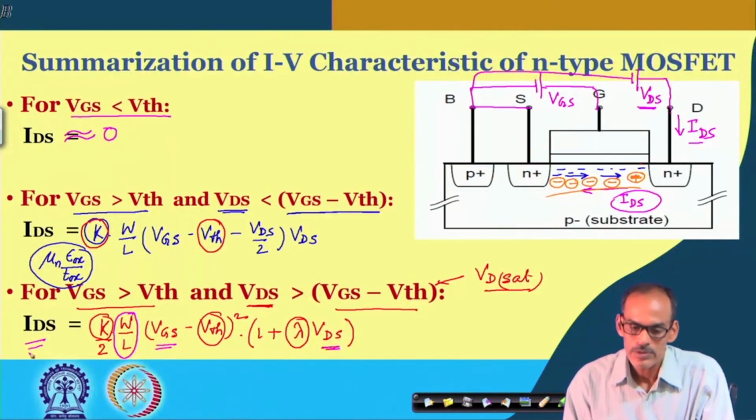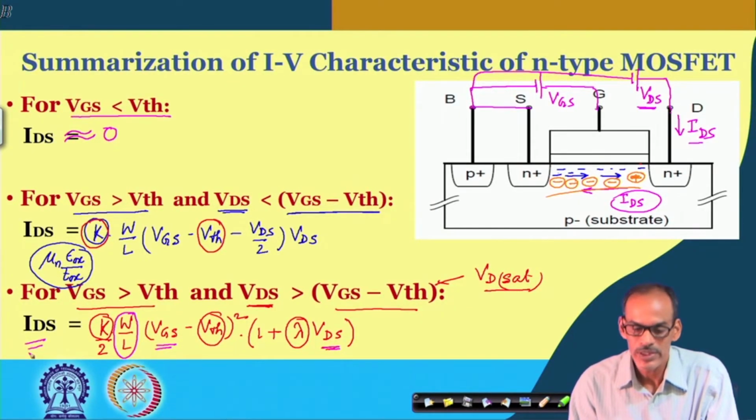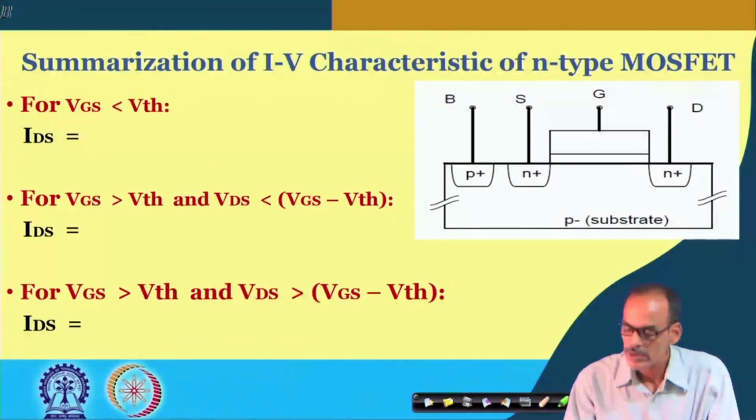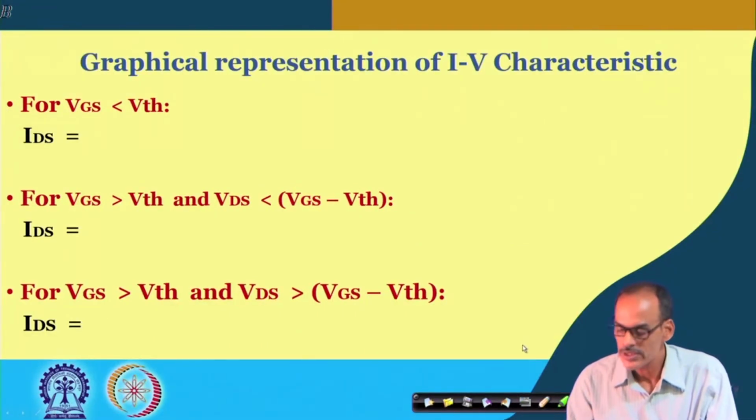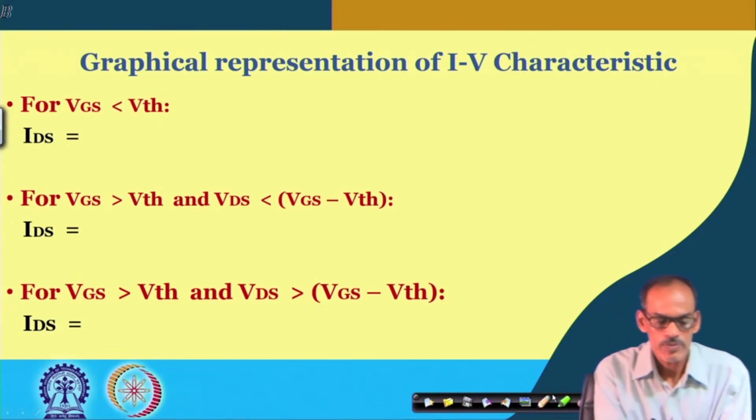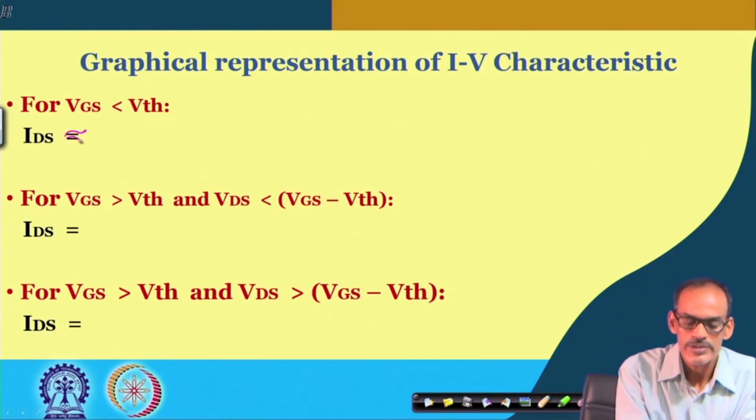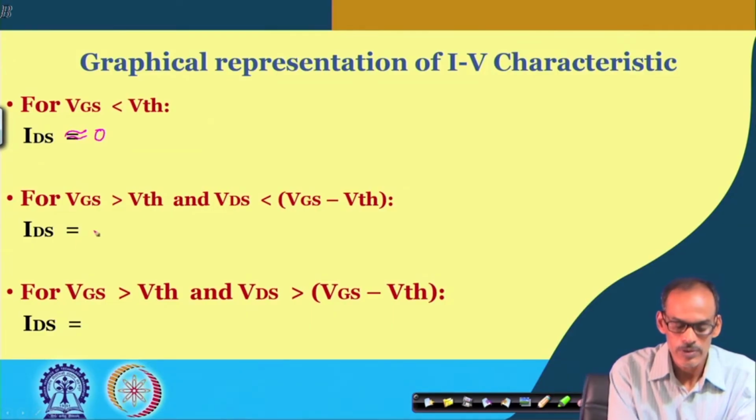Now, let us look into the graphical interpretation of this IV characteristic in the next slide. First of all, under this condition, as I said, this current is approximately 0.